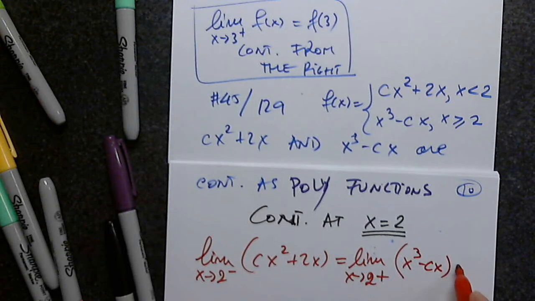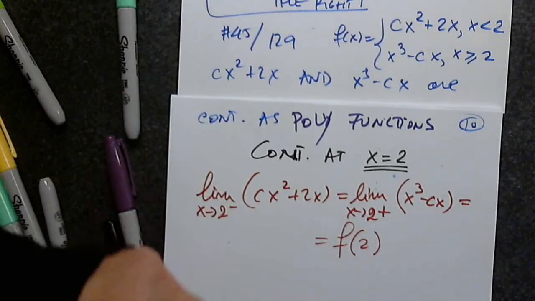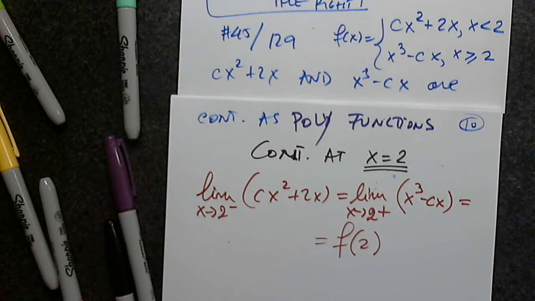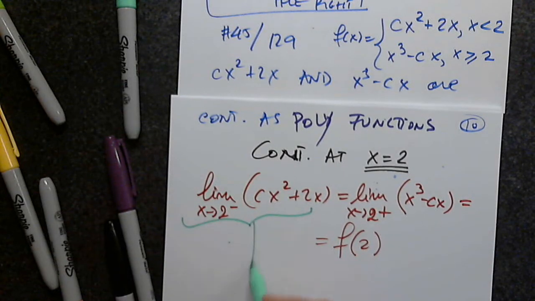Minus cx. And this must equal the function value at 2. If all three conditions are fulfilled, and they're all the same, they all exist, then the function will be continuous everywhere. Can anyone give us this limit?